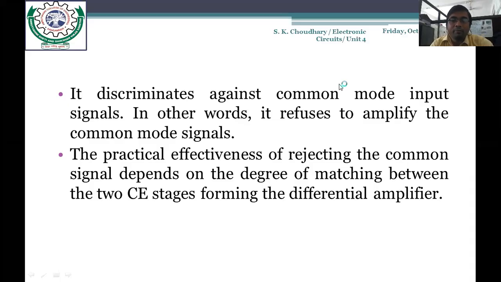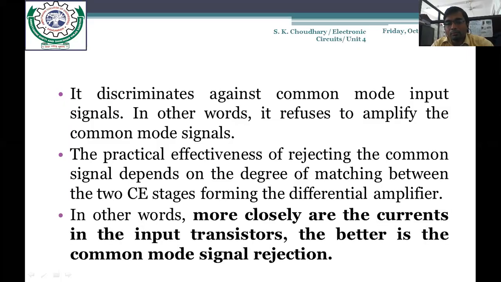If both are perfectly matched, then there is no amplification of the common mode signal. But if there is some mismatch, the common mode signal would also be amplified, and it would create a problem, generating distortion on the output signal.